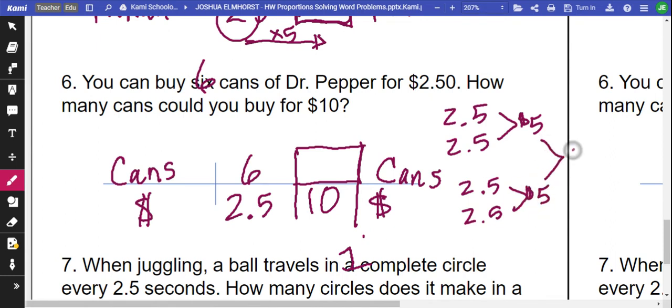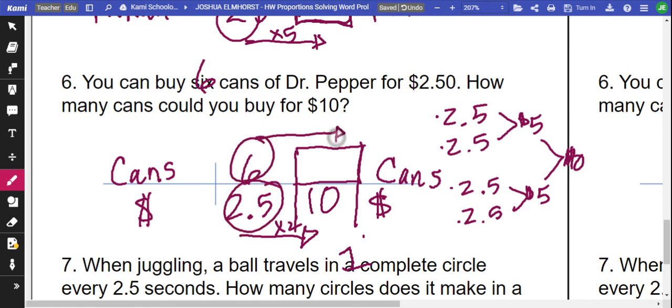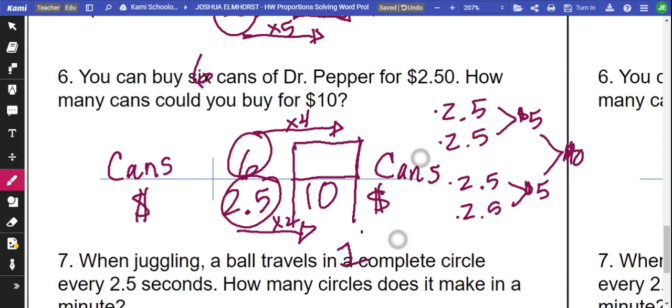All of this together is 10. So thinking about that, that's 1, 2, 3, 4. 2.5 times 4 equals 10. So we do the same thing up here using the same factor. 2.5 times 4 is 10, so 6 times 4 would be your total number of cans.